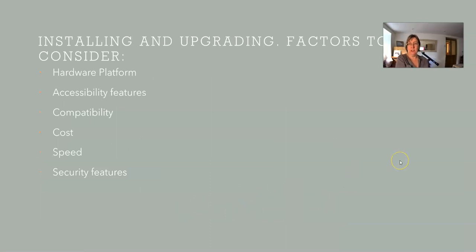And finally, when you are upgrading and installing new software, here are the 6 factors that you ought to put into thinking if you are considering it. So what should you think about? Well, you need to think about whether your hardware platform can install this software.